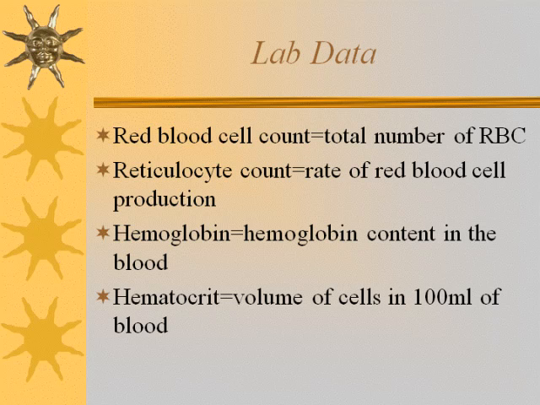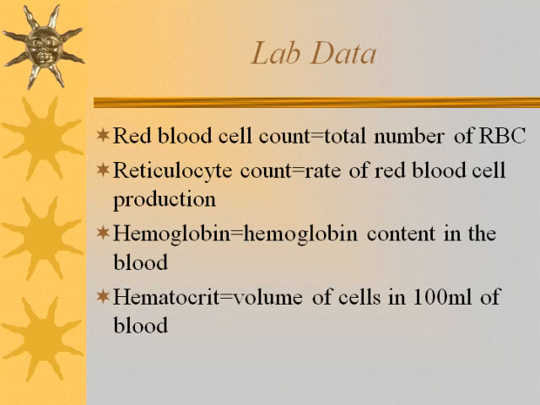Now, I want you to know specific lab data for your red blood cell count and then other counts as well. Your red blood cell count equals your total number of red blood cells. And you can find all this information in your book. Red blood cell count for men should be 4.2 to 5.4.